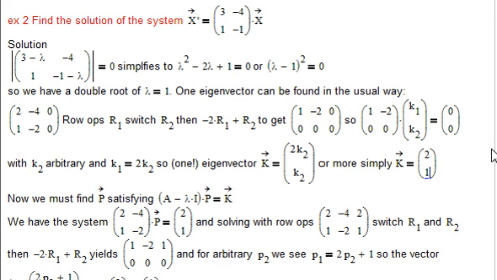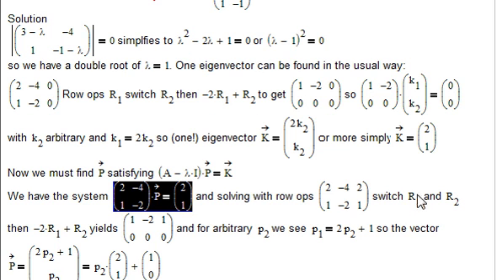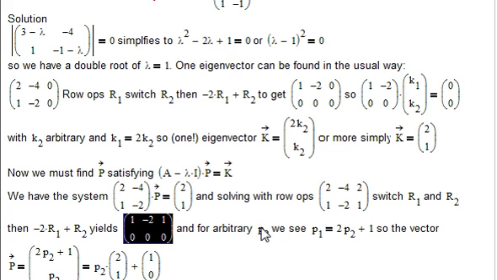So that means, in order to get our solution, we need to find a vector p that satisfies this equation with, instead of 0 over here, the eigenvector that we found. And so we need to solve this system of equations. Same row operation, switch row 1 and 2, and then negative 2 times row 1 added to row 2, we wind up with this. For arbitrary, I'm going to call it P2, right?